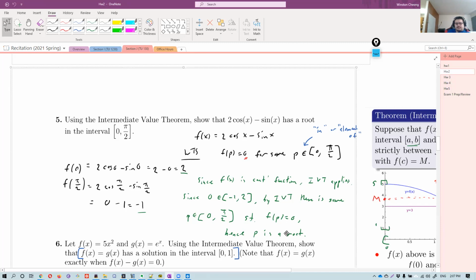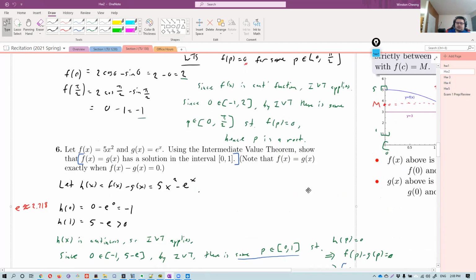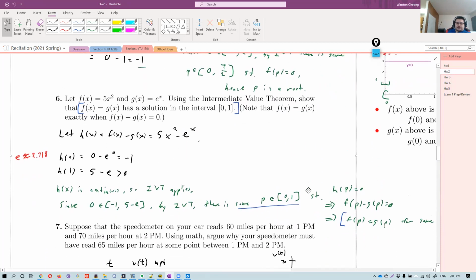Here I'm phrasing it in terms of a value p. p is the specific number on the x-axis that is guaranteed to be a solution to f of x equals 0, i.e. a root of this function. And 6 behaves very similarly.